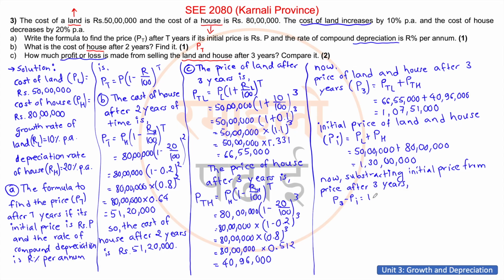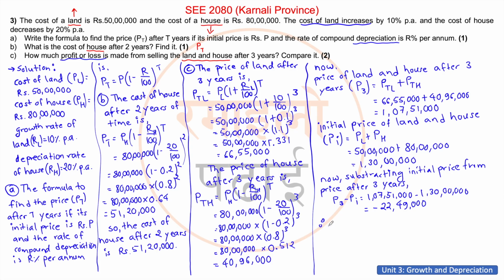P3 is equals to 1 crore 7 lakh 51,000 minus 1 crore 30 lakh. Now we have negative 22 lakh 49,000. As you know that initial price was higher than the price after 3 years, there will be loss.